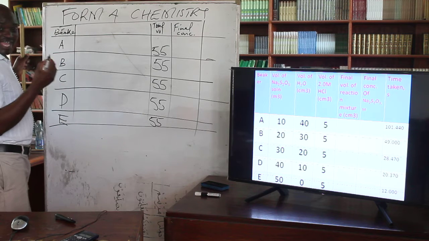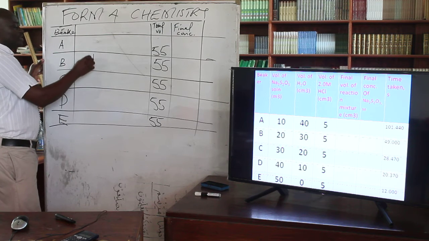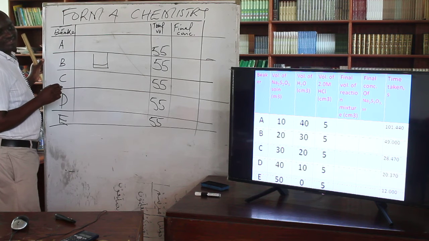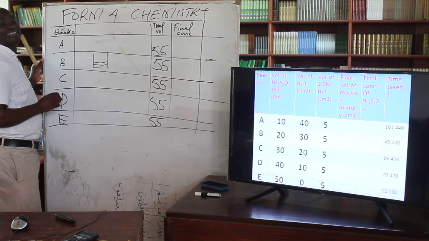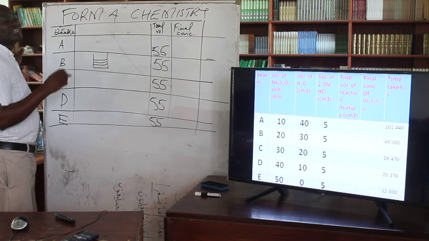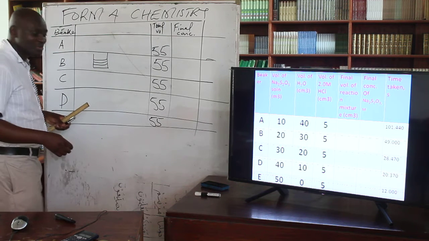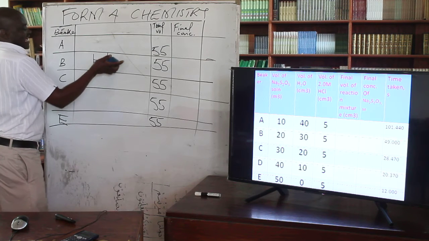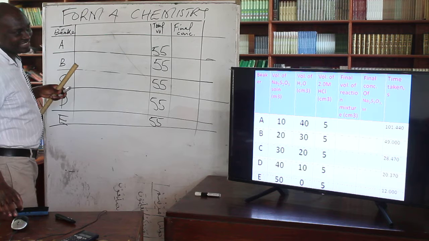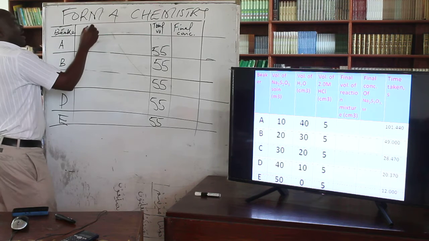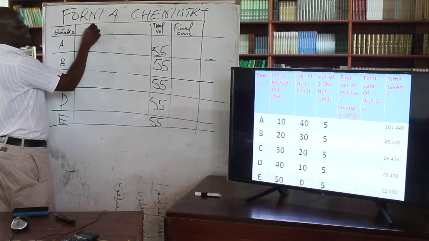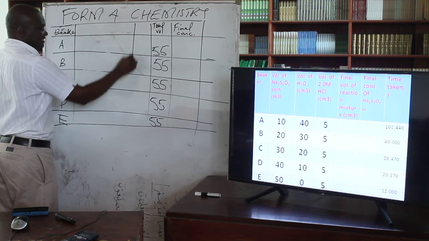So the explanation is we took a beaker and added sodium thiosulfate, then added water, then added HCl. In every case, the final volume was 55. That is our first conclusion, that the final volume was the same.